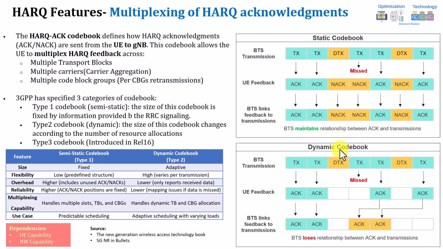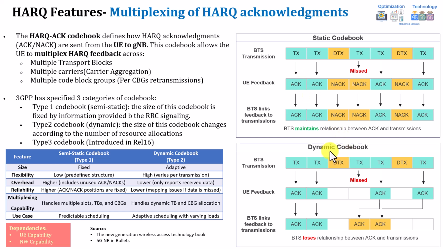I will explain this in detail later, but just keep with me now. Here, simply, the static codebook sends the feedback with a fixed size provided by the RRC message for each and every single transmission or even discontinuous transmission. So this enables the BTS to maintain the relationship between the transmission and the acknowledgement. This will be easy for the gNB.